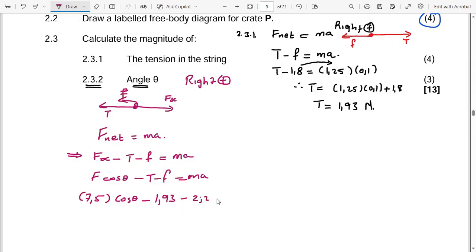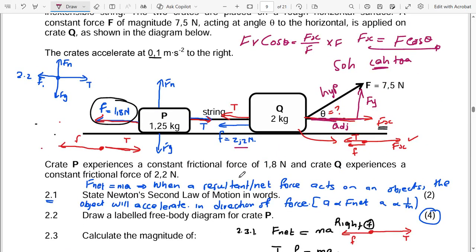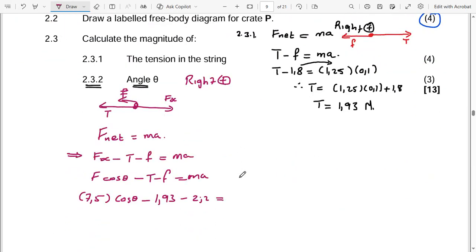Then I'm going to equate this to the mass of crate Q, which is 2 kg, times the acceleration of 0.1. Not 0.9, 0.1.